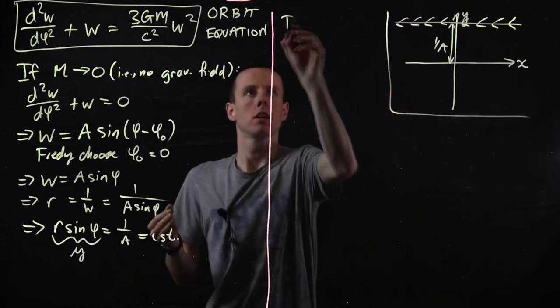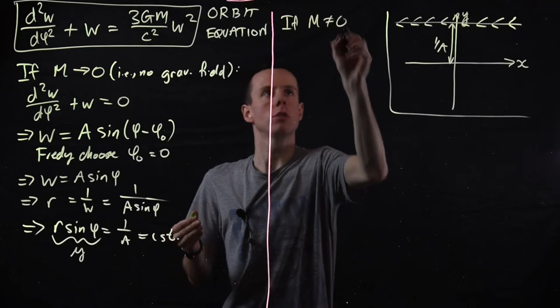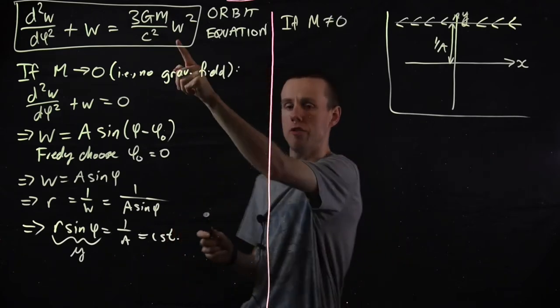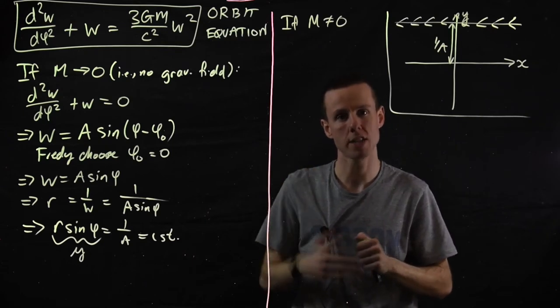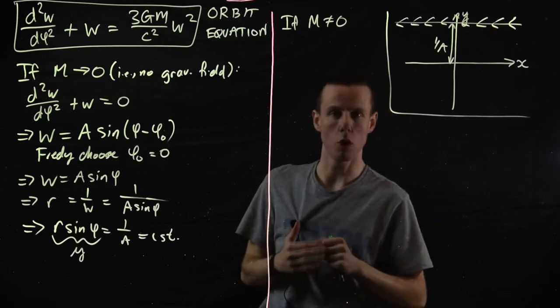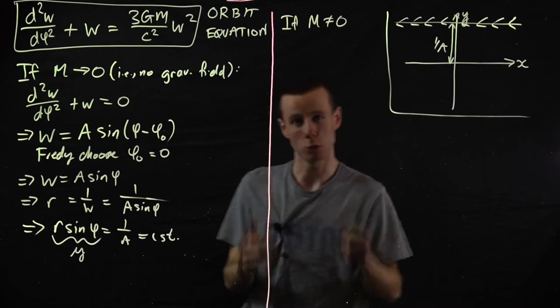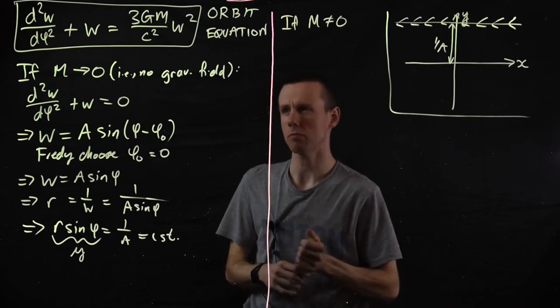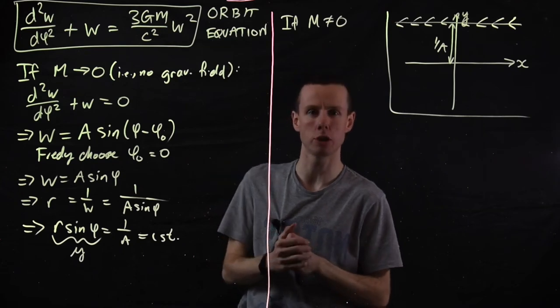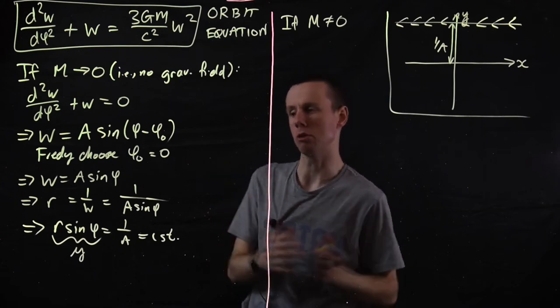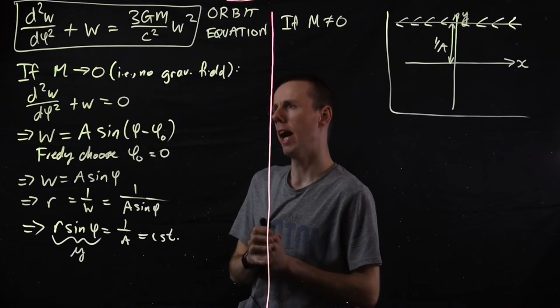Well, if m is non-zero, unfortunately, we cannot solve this equation exactly. So we use the same trick that we did for the massive particle, although I didn't show all of the details, and I won't show all of the details here either, because it's a wee bit complicated, and it's not something I would expect you to be able to do completely on your own on a test or on an exam.